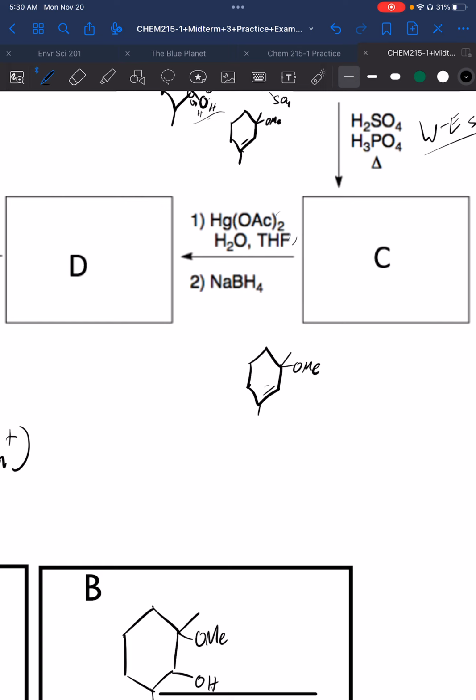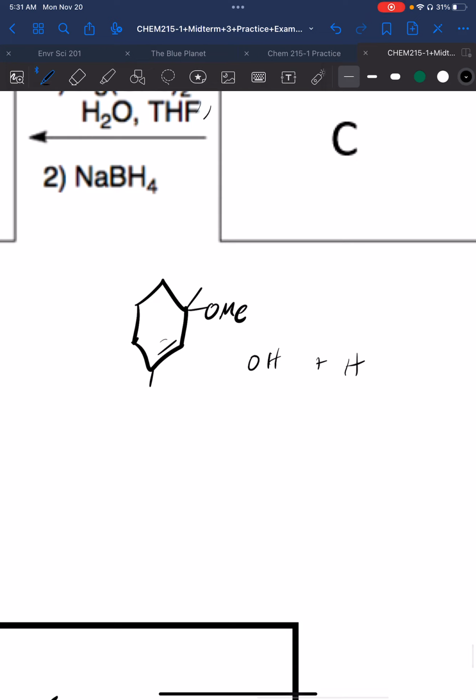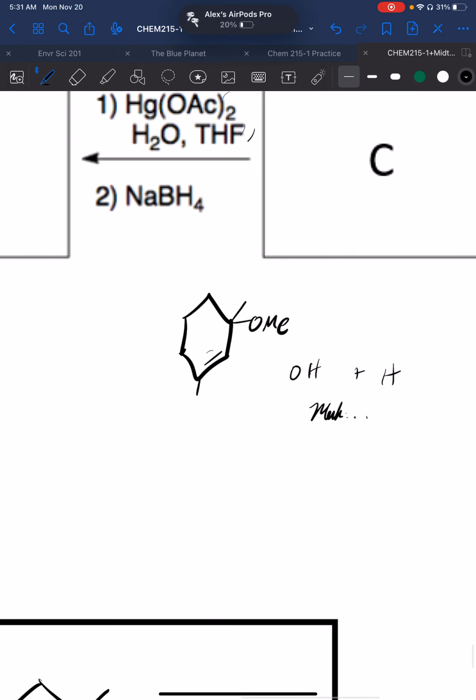and you add OH as well as an H, and this is going to be following Markovnikov's rule, where the OH is going to end up on the more substituted carbon, which is right here, and the H is going to end up on the less substituted, which is right here.